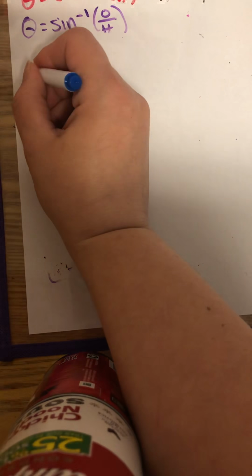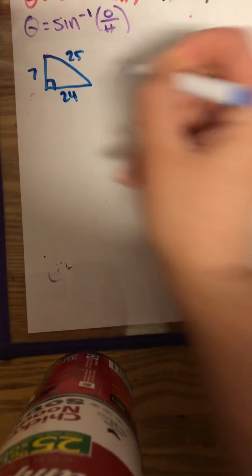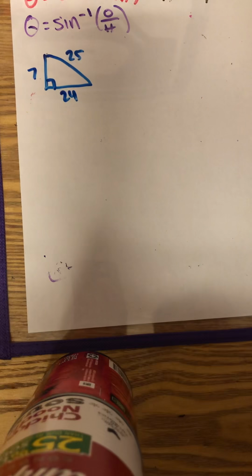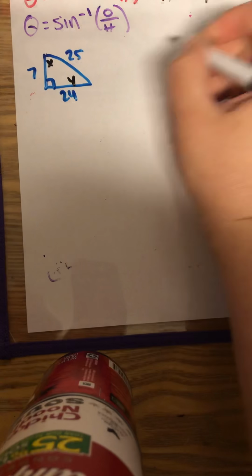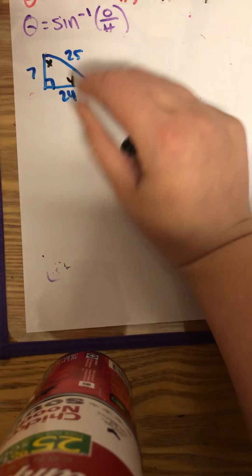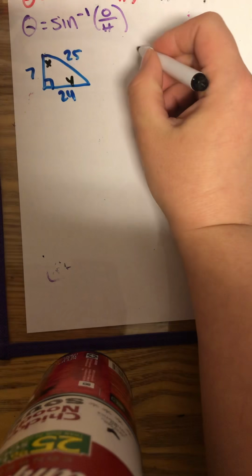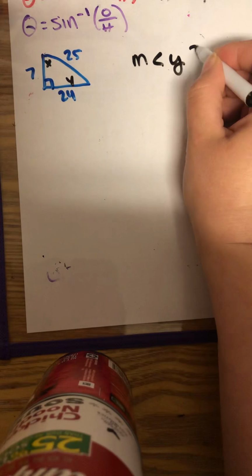I had 7, 25, 24, and I had X and Y. And now, in the same thing, they can give you one drawing, ask you to find the measurement of angle X, and they could turn around and say, great, now what is the measurement of angle Y?